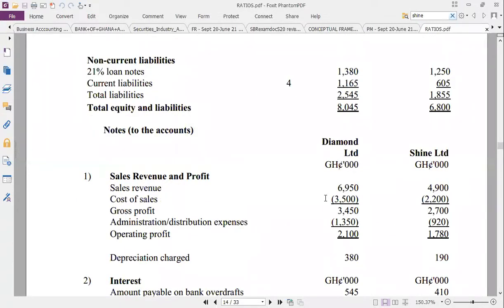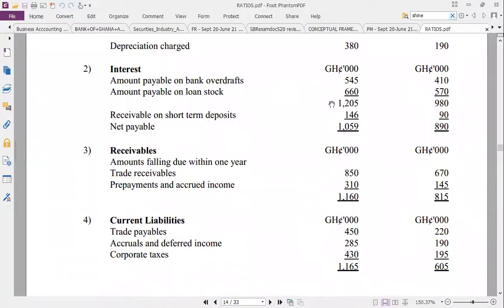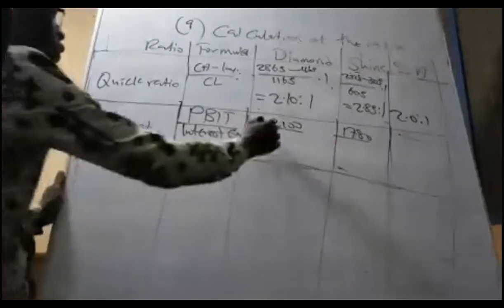The interest that they mention here, obviously the interest amount, you have to pick this. 1205, and 980. I like that too. 1205 and 980.